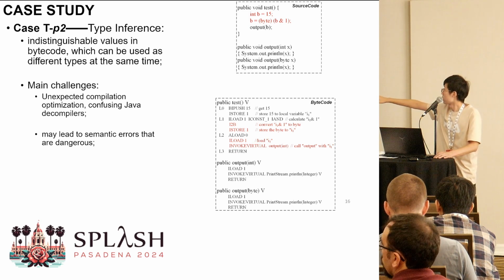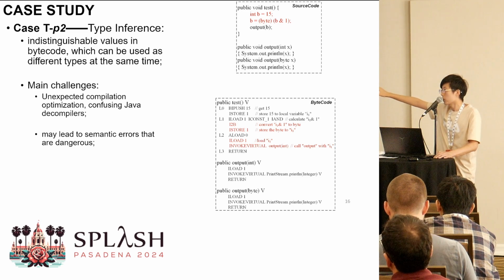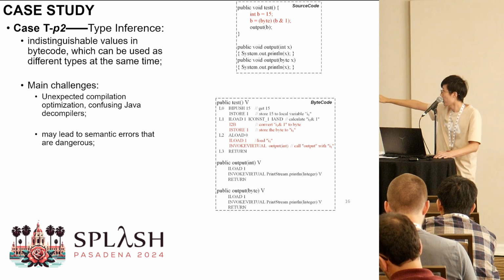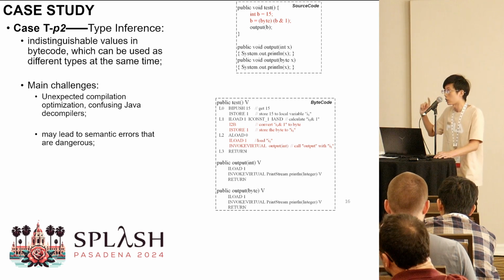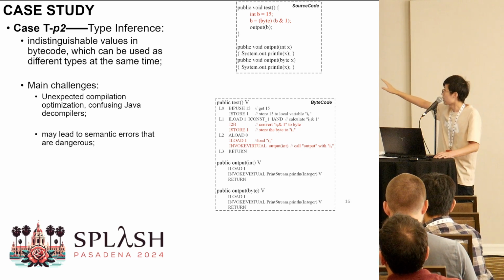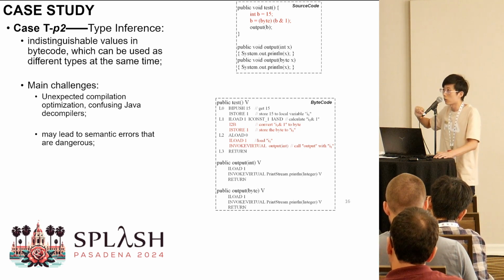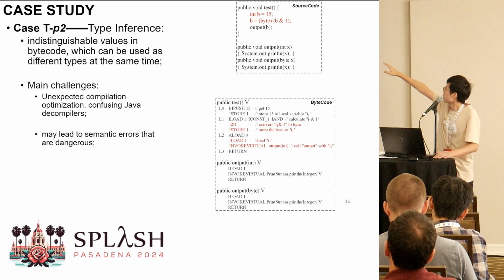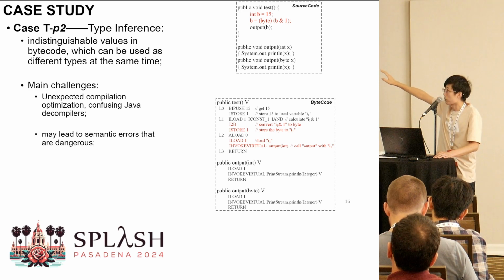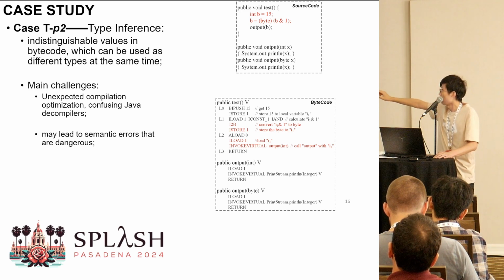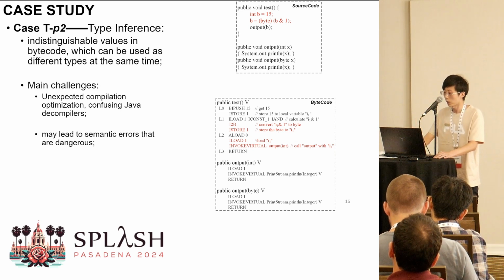Even the I2B instruction indicates that this value can be a byte. However, if you treat the variable b as a byte, it will lead to a semantic error. As here, the output invocation of b may lead to the invocation of the method below, not the one above, and it is a semantic error and quite dangerous.